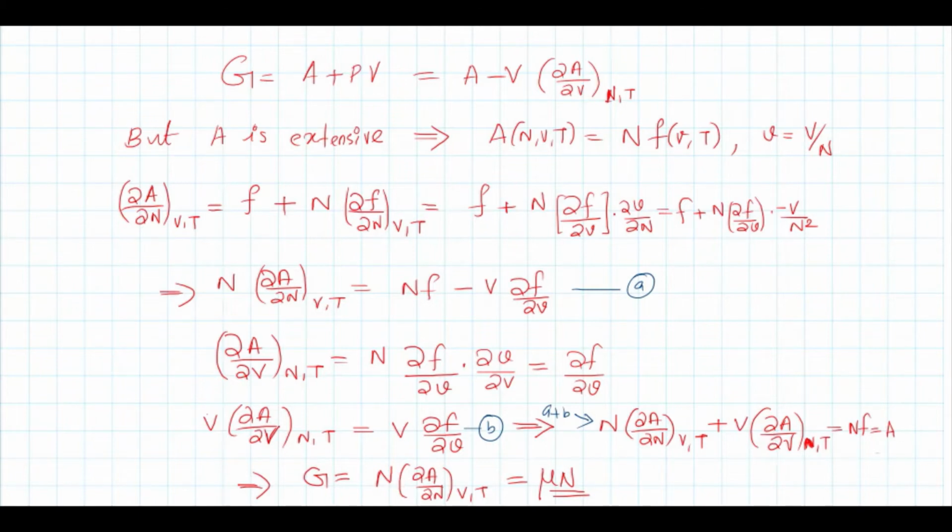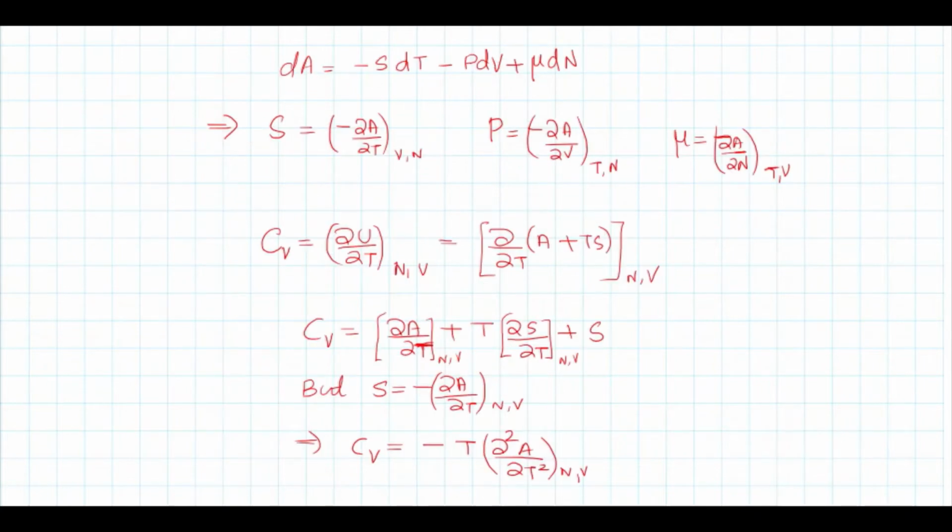So that will give you an important identity. n into ∂A/∂n at V, T is nothing but A minus V ∂A/∂V. So here you have A minus V ∂A/∂V, that you can replace with G, and this is ∂A/∂n at constant V and T. We wrote that expression ∂A/∂n at constant T and V is mu.